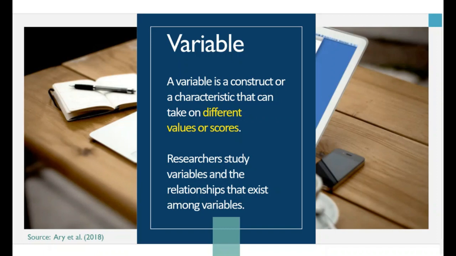A variable is defined as anything that has a quantity or quality that varies, just like social class, gender, vocabulary level, intelligence, safety, whatever. These are some examples of variables. So this is the definition of variable.